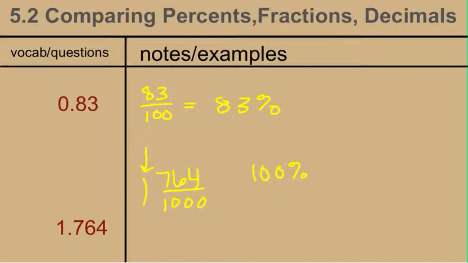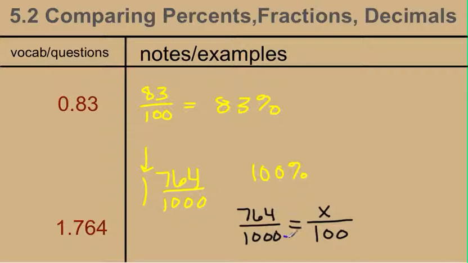Well, I have two options. One, if you're pretty smart with your math, you know if you divide this by 10, you'll get 100. So I have to divide this by 10 also, and I get 76.4. But let's just say that that didn't work for you. You can always set up your proportion like so. Now from this way, you might see what I was talking about.